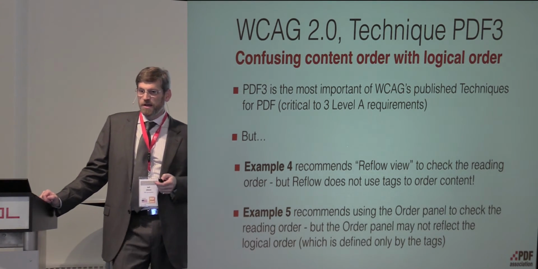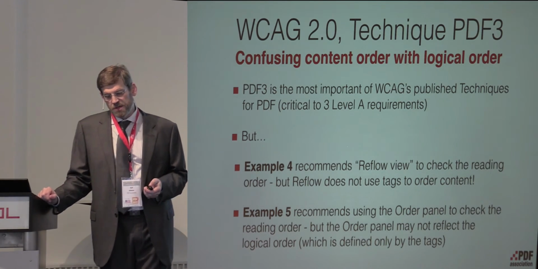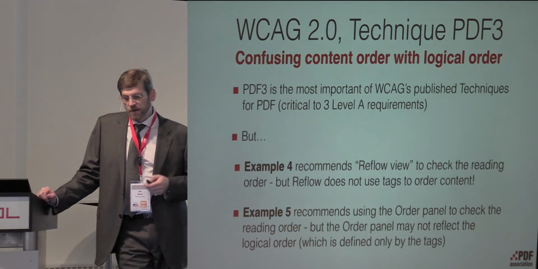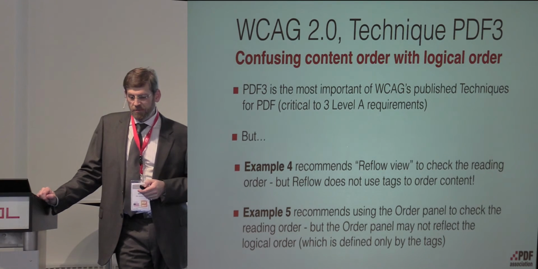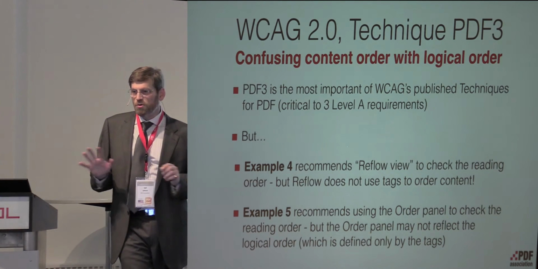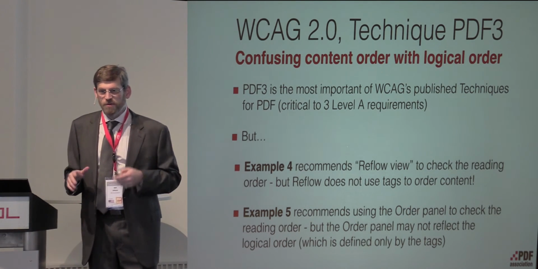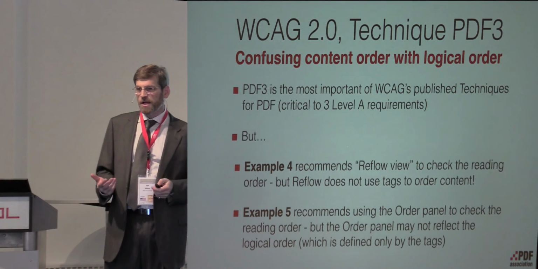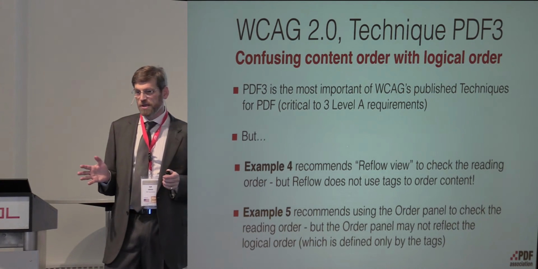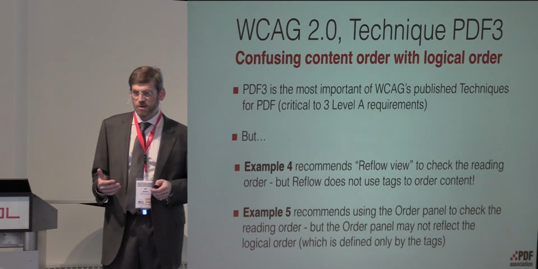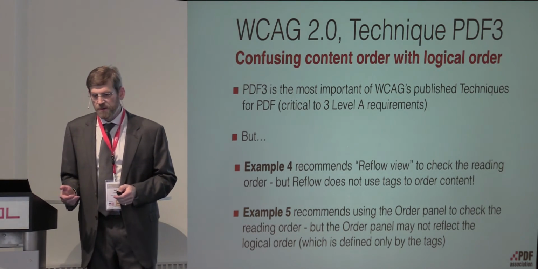Example 5 that is offered by the Web Accessibility Initiative has a similar problem. It recommends using the order panel in Acrobat to check the reading order. There's no specific reason to believe that the order panel necessarily reflects the logical order. It can reflect the logical order, but there's nothing forcing it to do so, no obvious reason why it should do so.